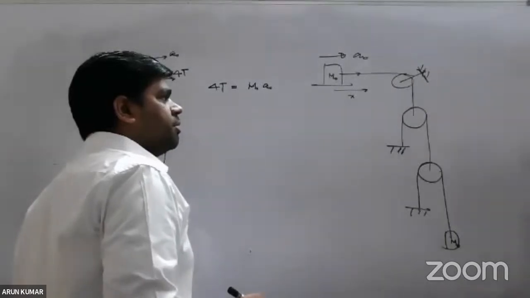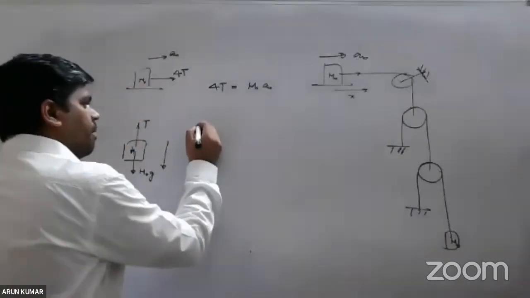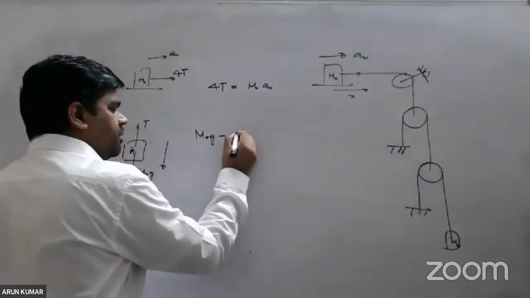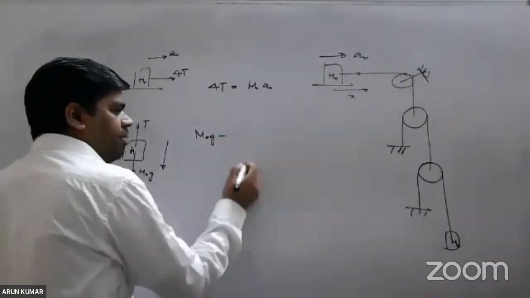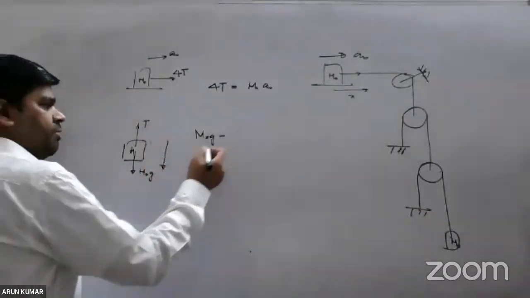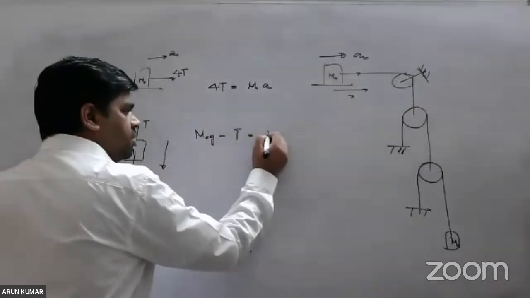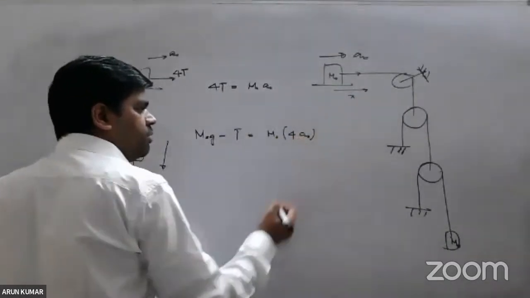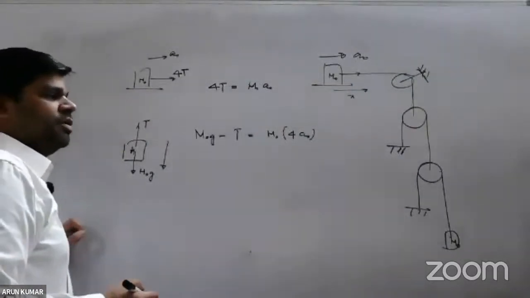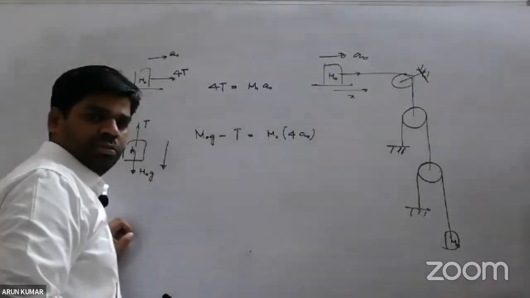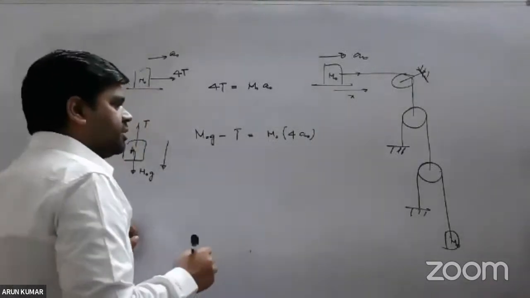M naught g minus 4T is equal to M naught into A naught. Look at the FBD of this one. M naught g minus T. M naught into 4 A naught. Why is it 4 A naught? Yes, acceleration is 4 A naught.